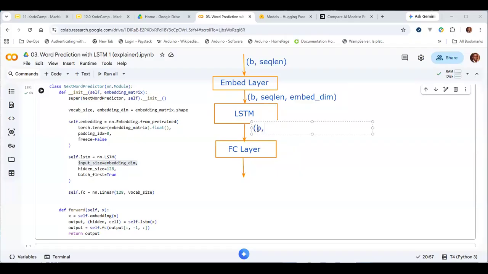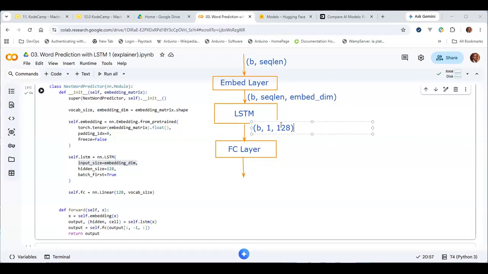So it's still going to be batch size, and then still sequence length if we are taking straight from sequence length. But the other thing we could do is take the hidden internal context. If we are taking the hidden meaning, the hidden context or the context vector, then this will reduce to just one. But it will now have 128, which is the hidden size of the LSTM.